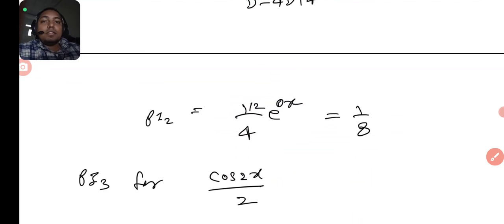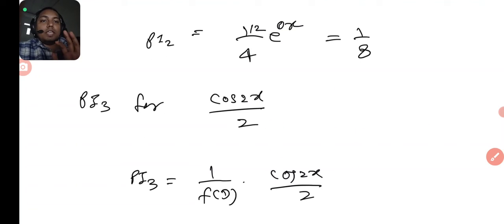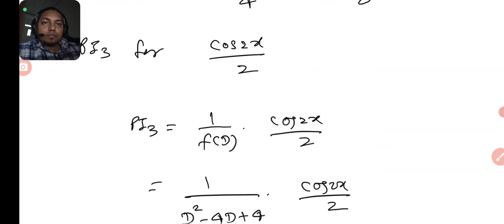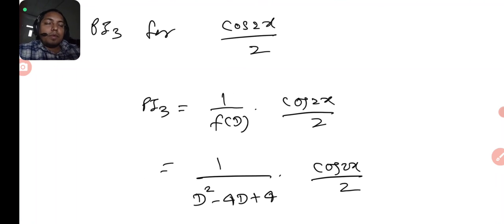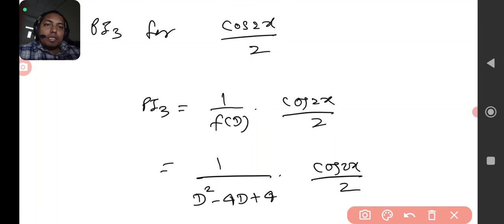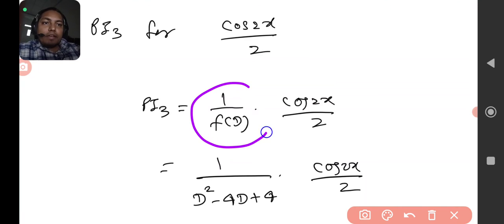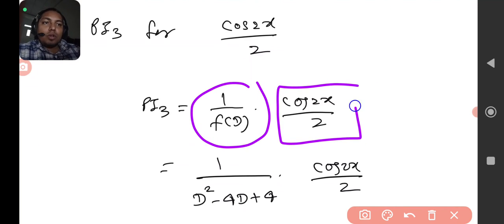Now for PI3, this is the main learning of this lecture. How will you find it for cos 2x or sin 2x? We simply write 1 by F(D) and whatever was the term, cos 2x by 2. You understand from where this term is coming, right? When we simplified sin square, we got this term.